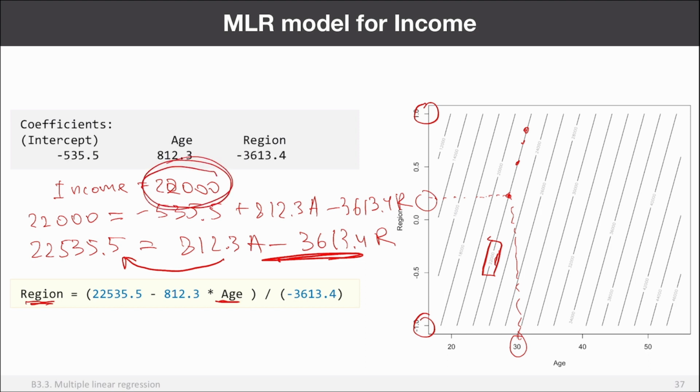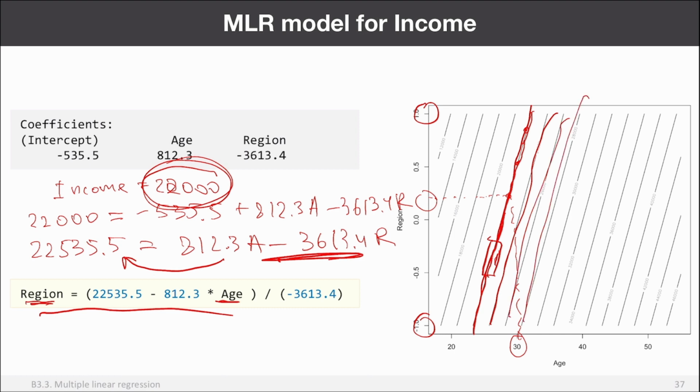So for any age, I can compute the region value to get income exactly on this line, okay? So this equation, what you see here, is the equation of this line, income equal to 22,000. Then I can change income, for example, to 20,000, to 18,000, to 15,000, and get all equations of these lines here, and that will be my contour plot.